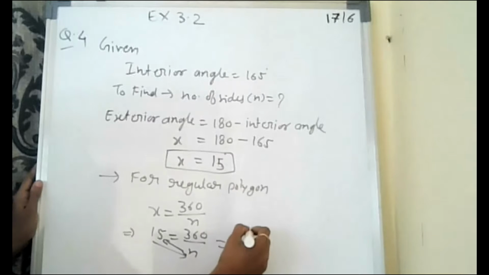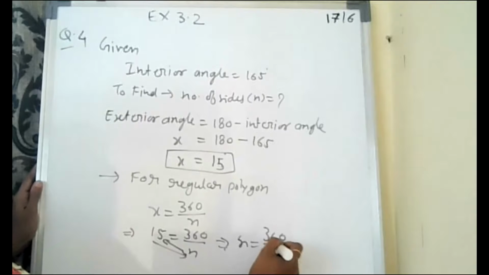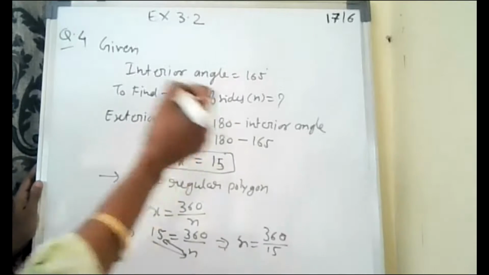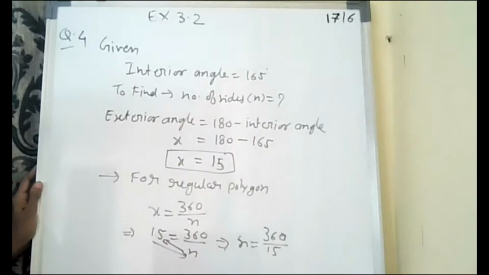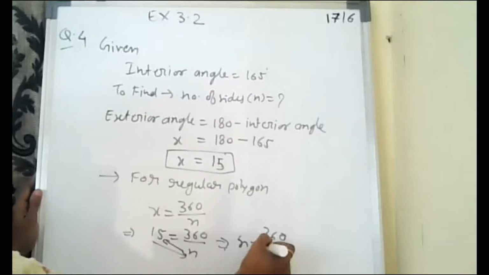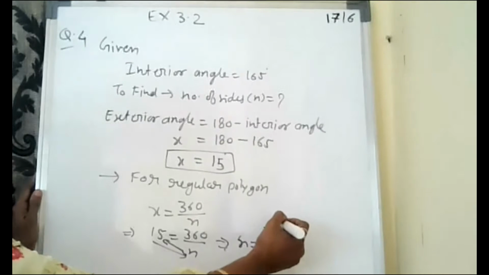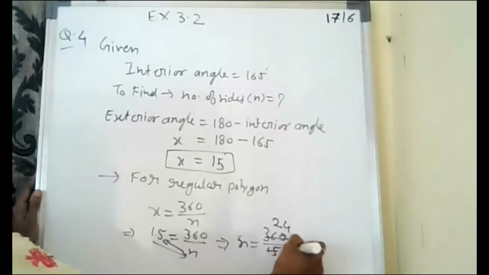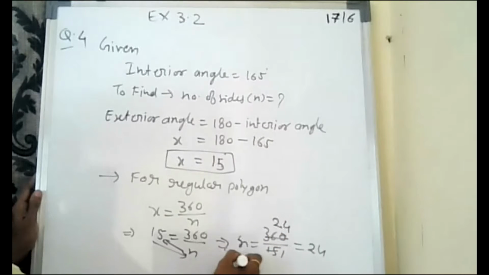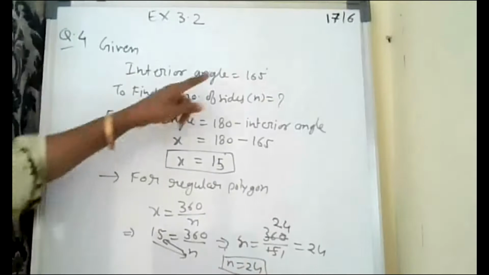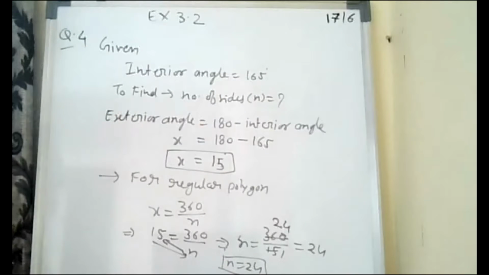So n is equal to 360 divided by 15. 15 ones are 15, 15 twos are 30, 15 fours are 60. Correct, 24. So n is equal to 24 sides if the interior angle is 165.